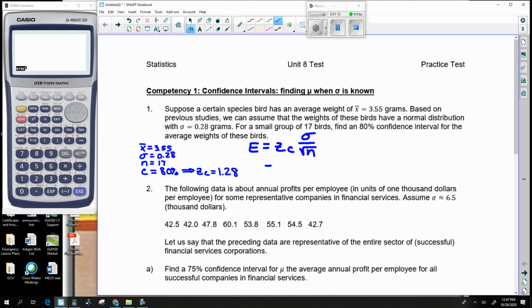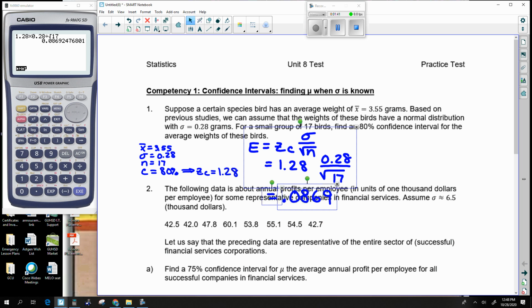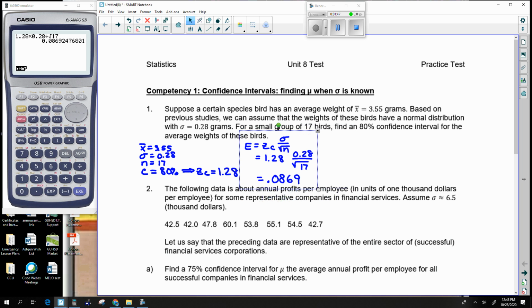Again, the sigma is the thing that tells us that this is the equation that we're going to be using. 17. 0.0869. Okay. So we're talking about really light birds, so you're not going to see that big of a difference.